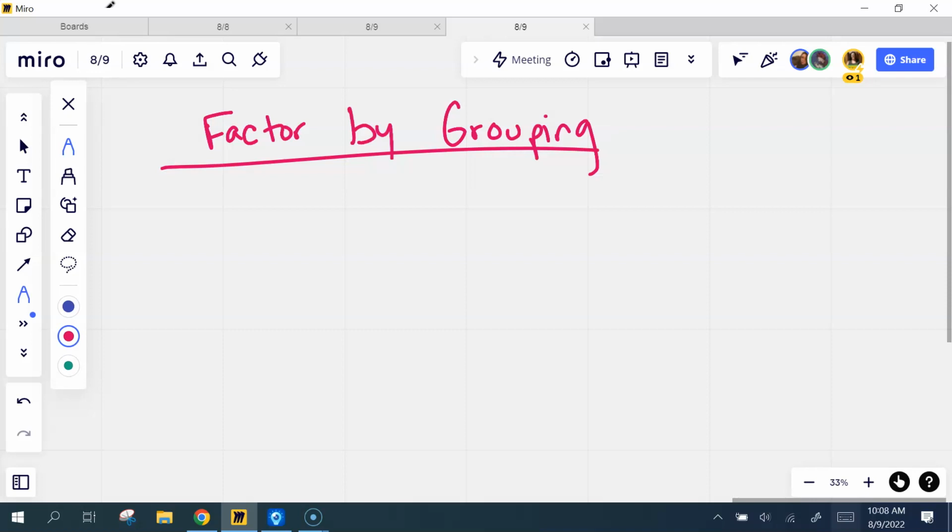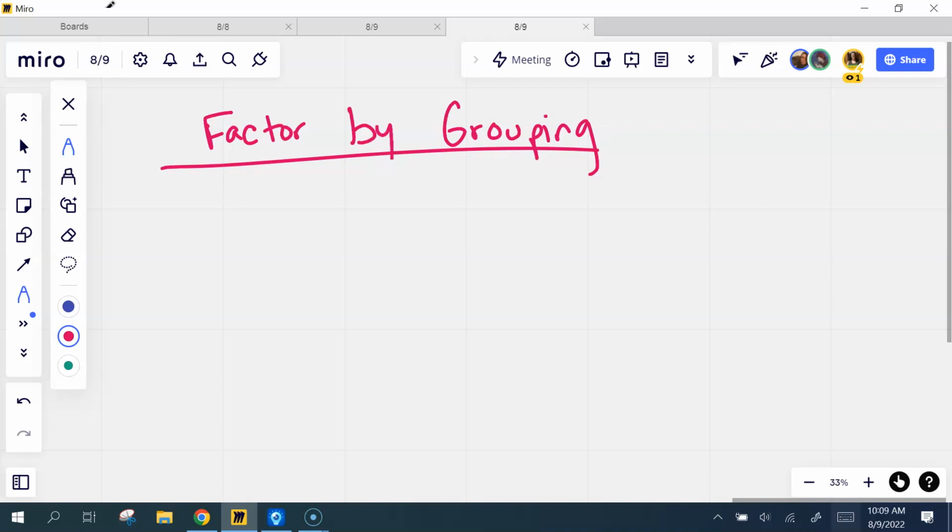Some people come in and they have all these little butterfly methods and box methods and other different little methods that they use to factor. It works sometimes and doesn't work sometimes. All right, I'm going to show you the method that always works. It's also the one that makes the most logical sense to me, which is why I like it so much. This is factor by grouping, and it will factor any quadratic for you that is factorable.